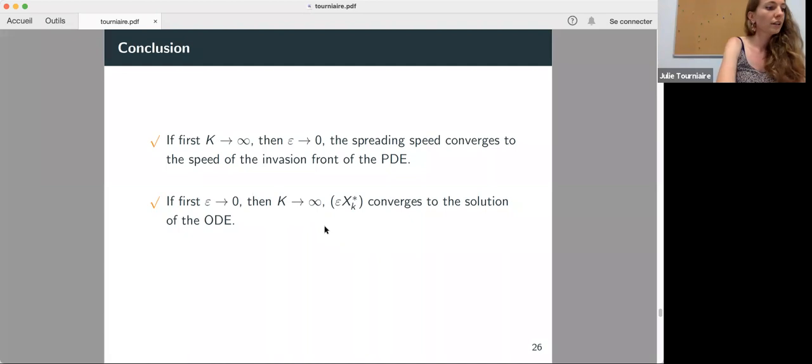What is important is that the propagation speed of the ODE, in this case, is smaller than the one in the large population asymptotics. It can be equal, but it can also be strictly smaller. So that's all. Thank you for your attention.